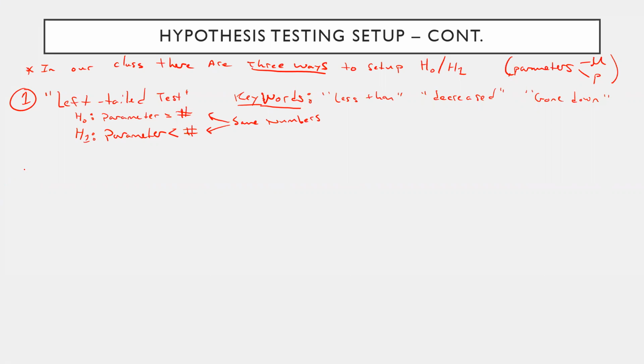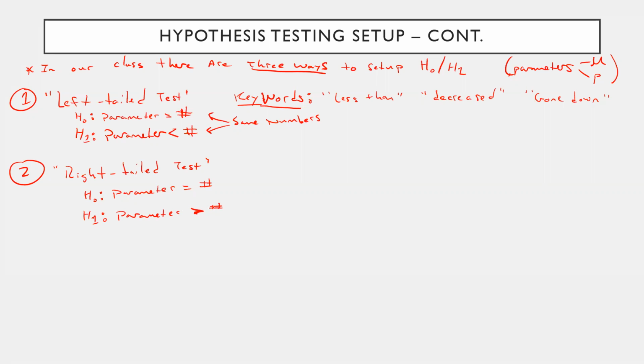The second type of test is what's called a right-tailed test. So you have your null and alternative. The null is always going to be a statement of equality. So it's always going to be, hey, the parameter we're investigating is equal to some number. And the alternative here is going to be something like, wait a second, no way, Matthew.